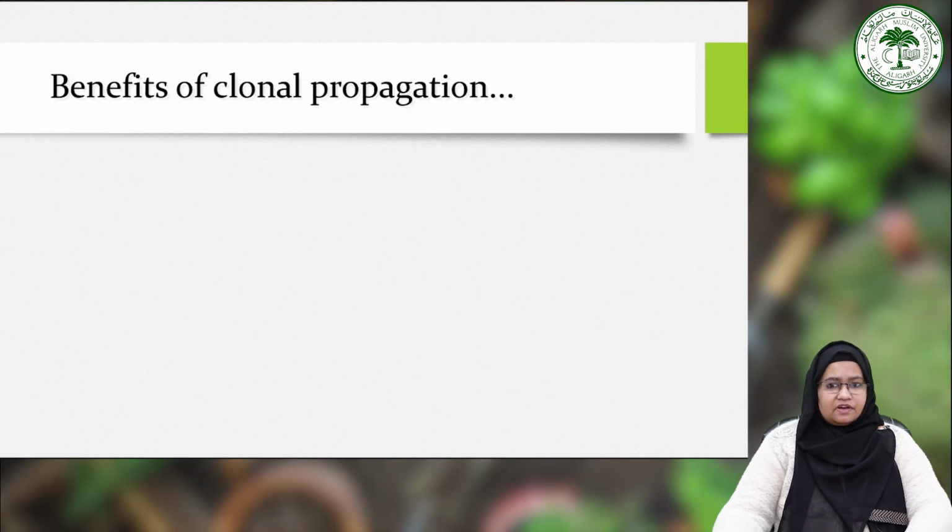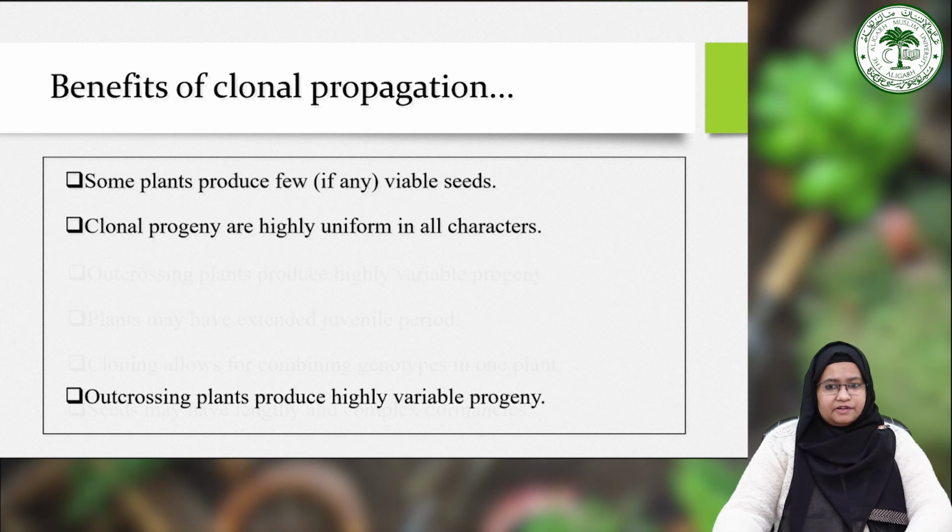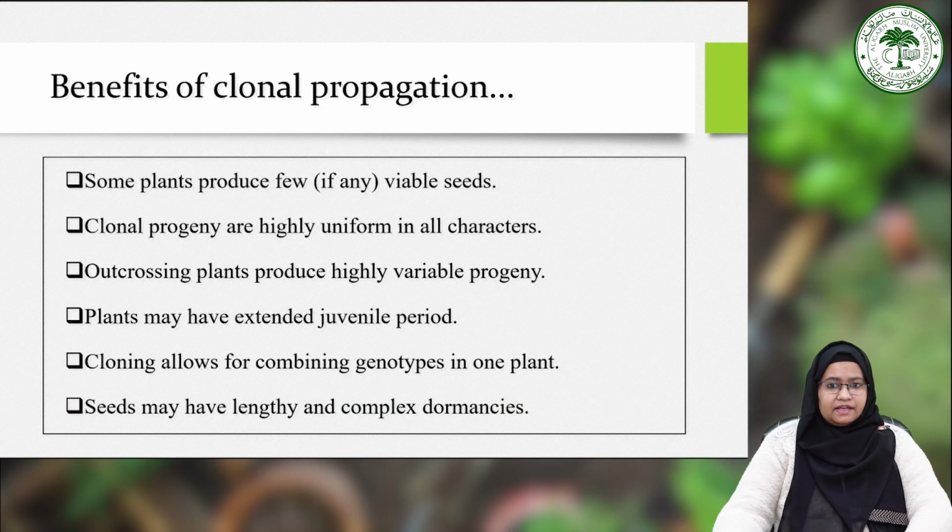Here are the benefits of clonal propagation. Some plants produce only few viable seeds, so they can be propagated by this method. Clonal progeny are highly uniform in all characters.